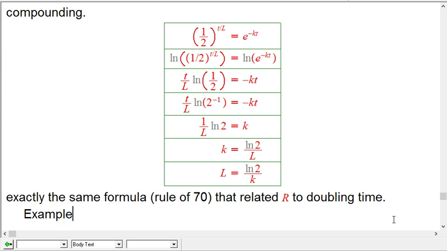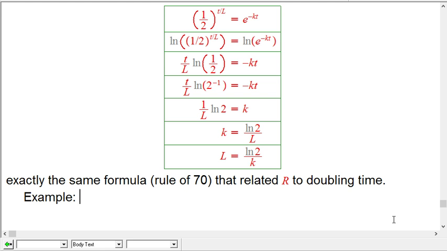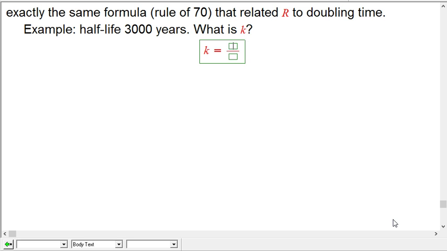So, a quick example. If you have a half-life of, let's say, 3,000 years, what is the rate constant k if you want to express it with this natural exponential? k is just ln 2, 0.6931, over 3,000, and that is equal to 2.31 times 10 to the minus 4.